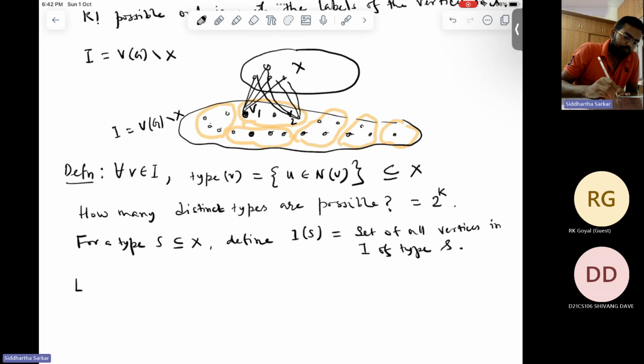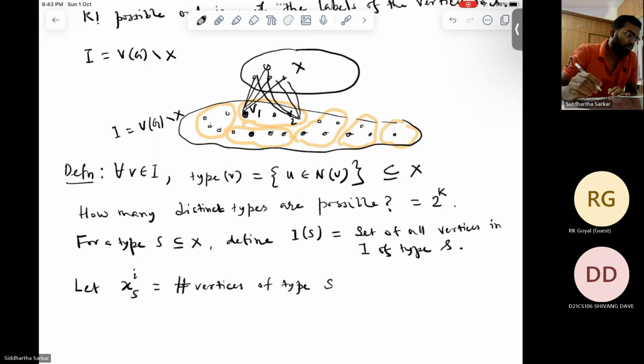Let X super I sub S be the variable that encodes the number of vertices of type S. Oh, I have to define location also. One more thing we have to do, so let me define location.